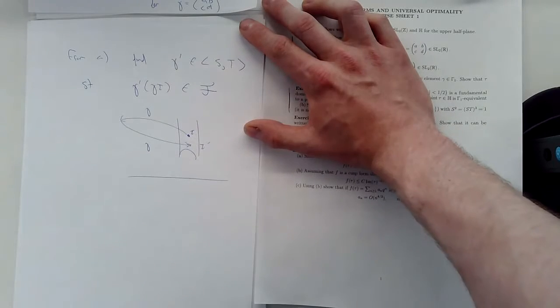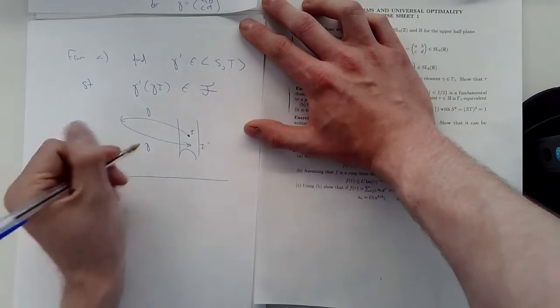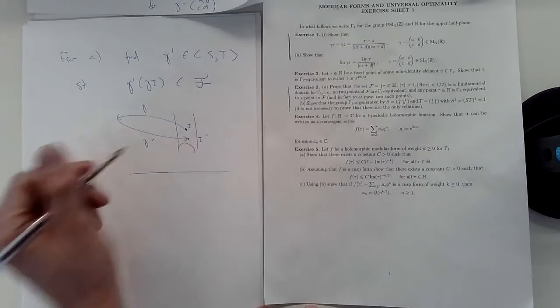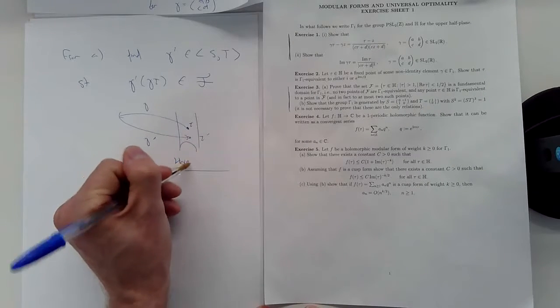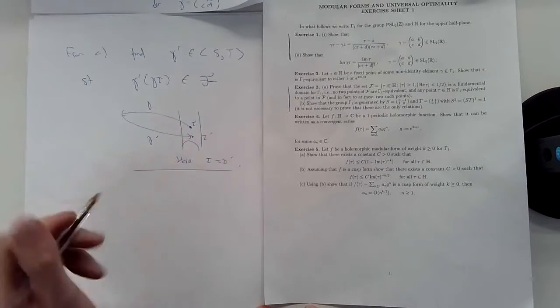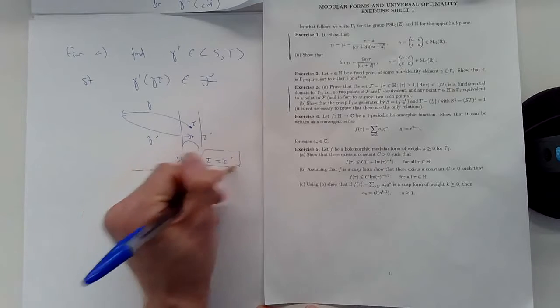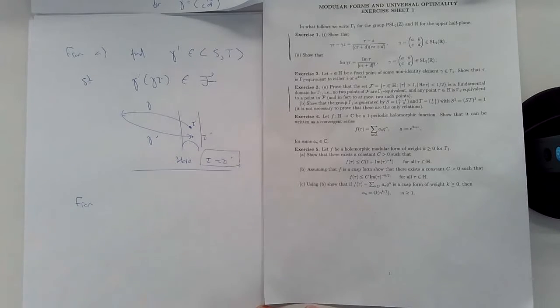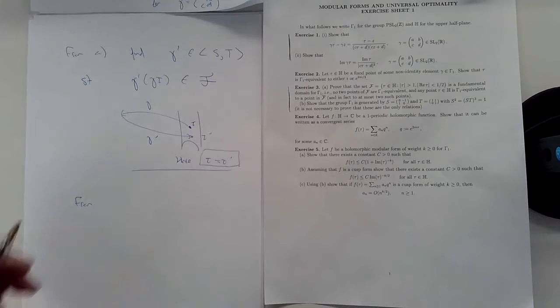So the key idea here is it can't be a different point. From part A, admittedly there is something of an extra step where one has to check there were no extra identifications.